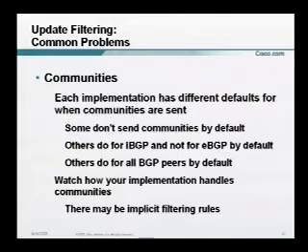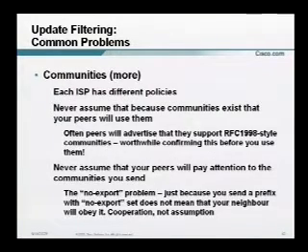You need to make sure they all do the same thing. Decide what your default should be and then go from there. Don't just say switch on, basic configuration, off we go. Right? It just makes troubleshooting harder. So you need to try and understand what the implicit filtering rules are before you try and work out how to solve the problems. More on communities. Each ISP has different policies. Never assume that because communities exist that your peers will actually use them. Okay?